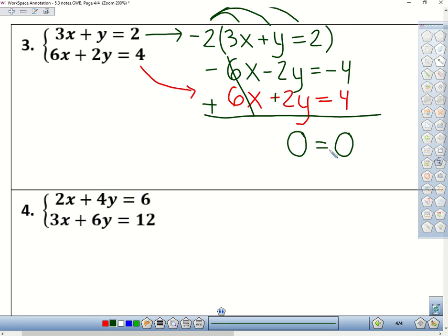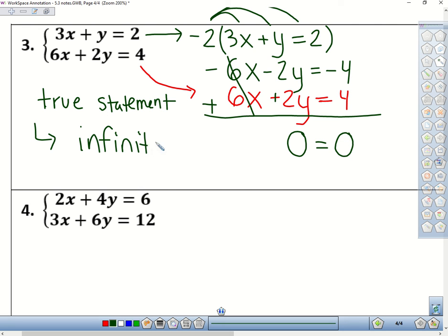Does anybody know what it means when we get a true statement? Not no solutions, but infinite. Good, infinitely many. So what that basically means is these 2 lines just overlap each other.